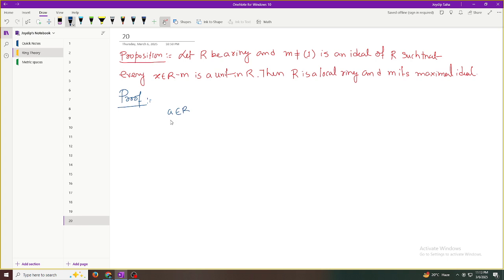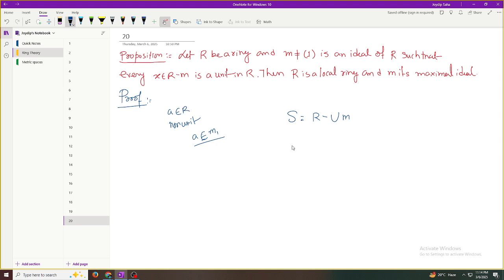so A is a non-unit, then A belongs to some maximal ideal. So the set of units is R minus the union of maximal ideals, right?